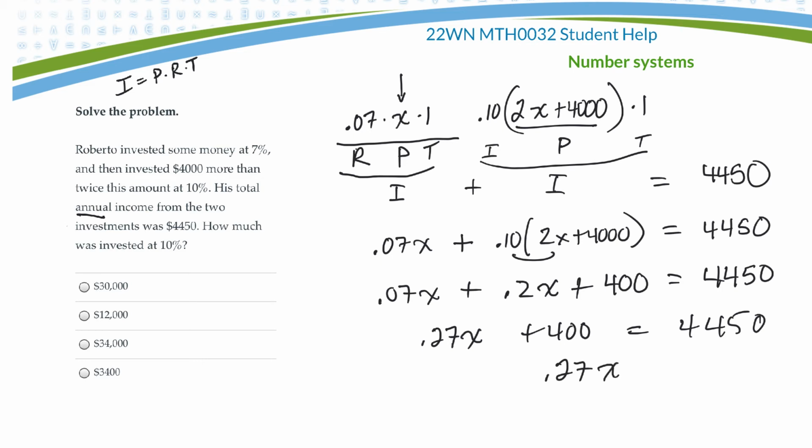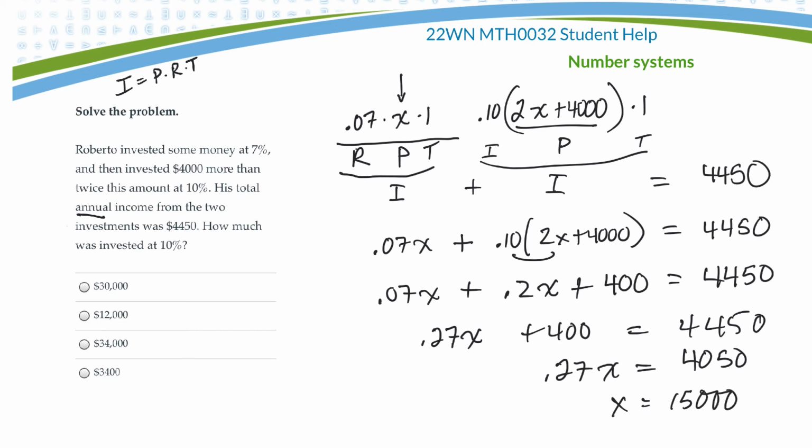Subtract 400 on each side, so you get 4050, and then divide both sides by 0.27. Let's see what we get. 4050 divided by 0.27, 15,000.